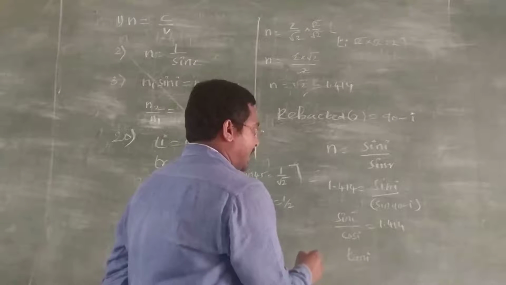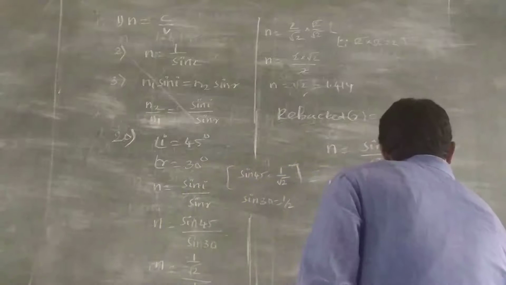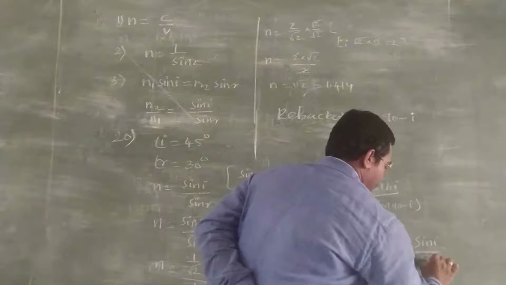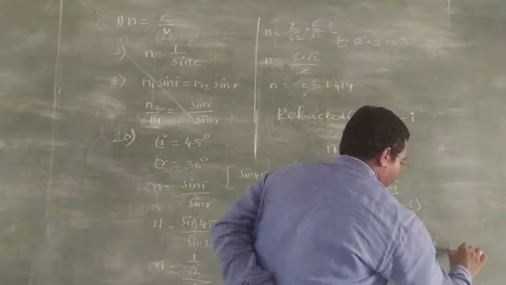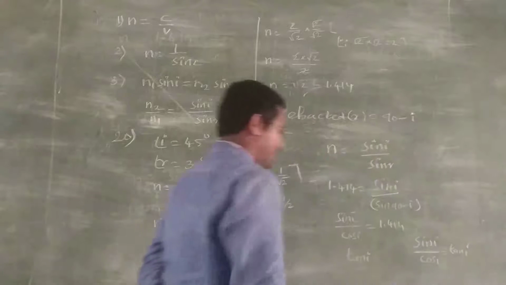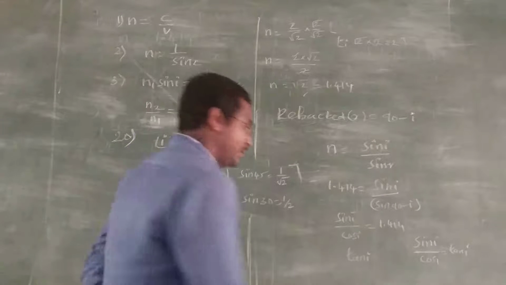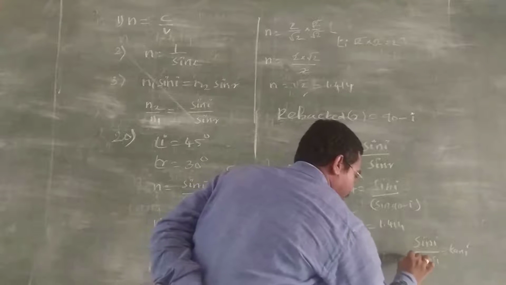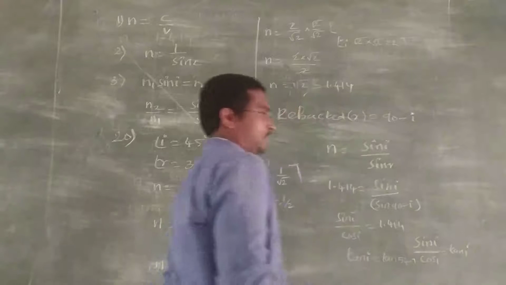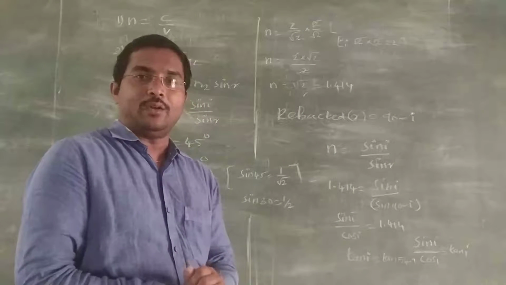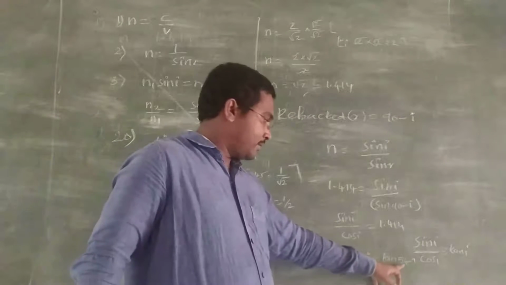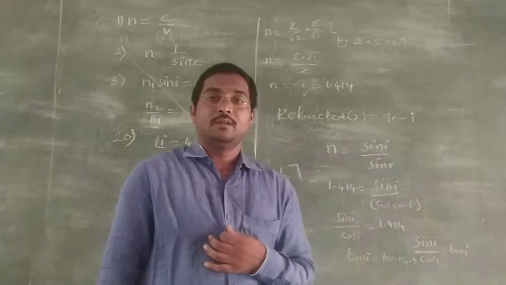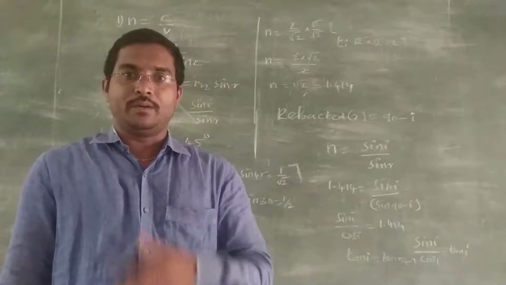You write down sin i by cos i is equal to tan i. So tan i is equal to 1.414, and from the tan value in the logarithm table, the angle is 54.7. So like this we want to find.